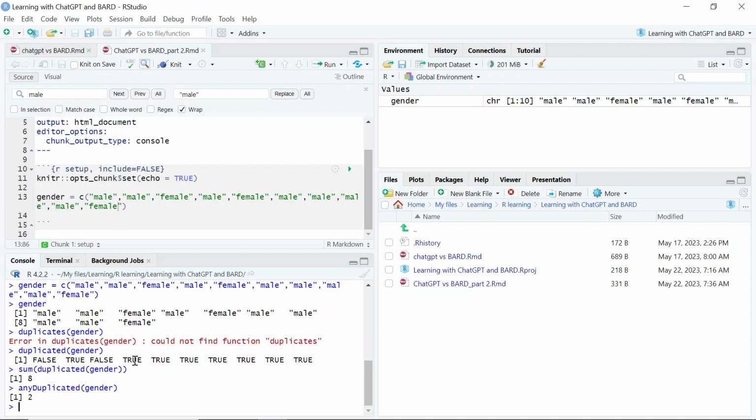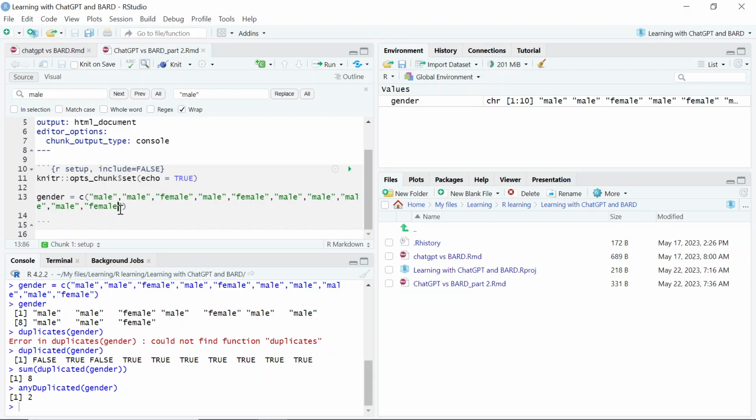Okay. This anyDuplicated gives another value because it shows me the number of those duplicated values, which is correct. All my duplicated values are 2. It is male and female.